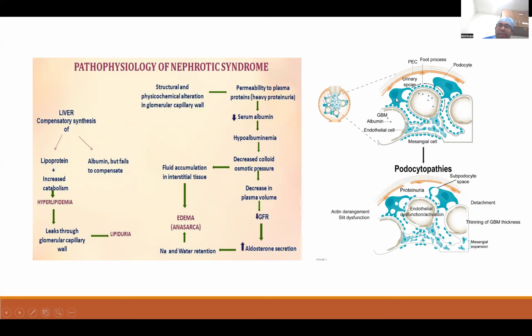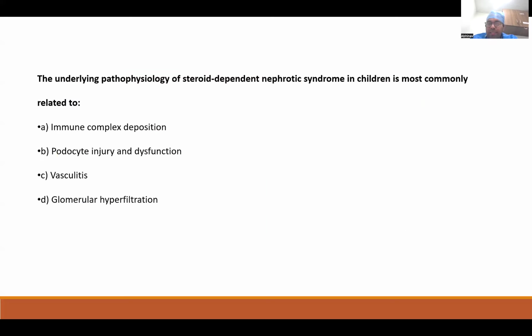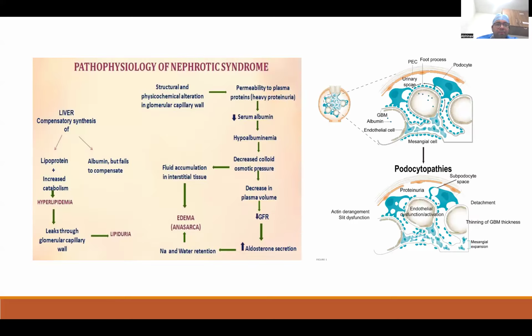When you look at the electron microscopic view, these alterations happen in podocyte function. That is why nephrotic syndrome is a podocytopathy. Remember this. So here the answer is podocyte injury and dysfunction.